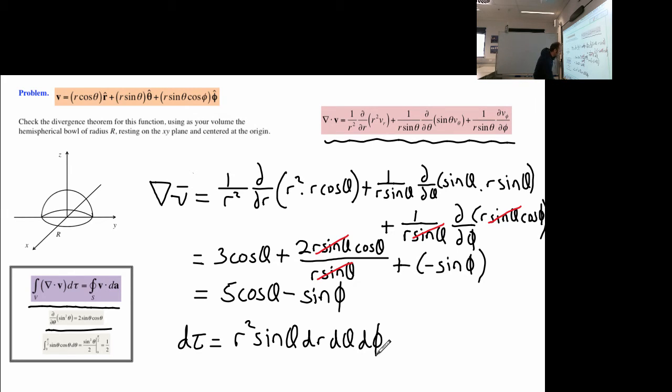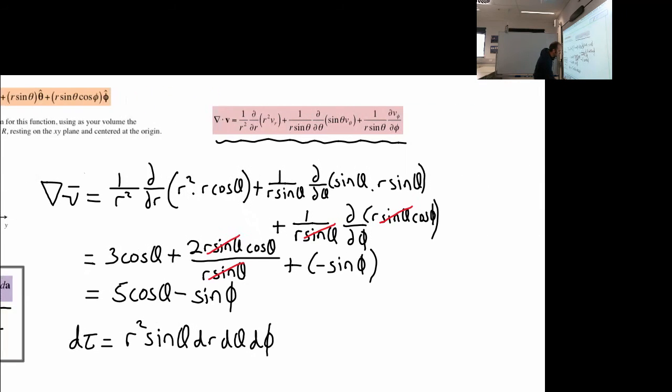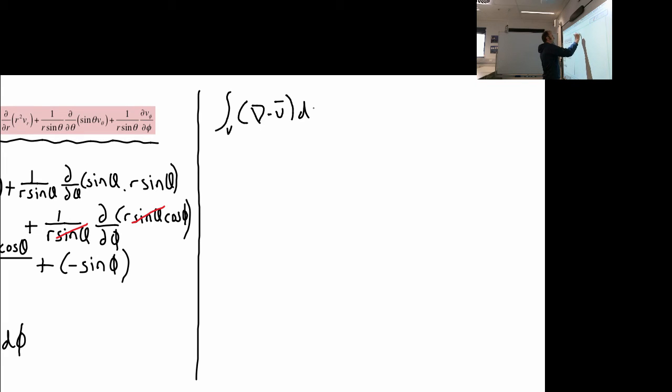Okay, so let's work out the integral of this. What we're working out here now is the volume integral of the divergence of v d tau, so we've got a triple integral with respect to r, theta and phi.